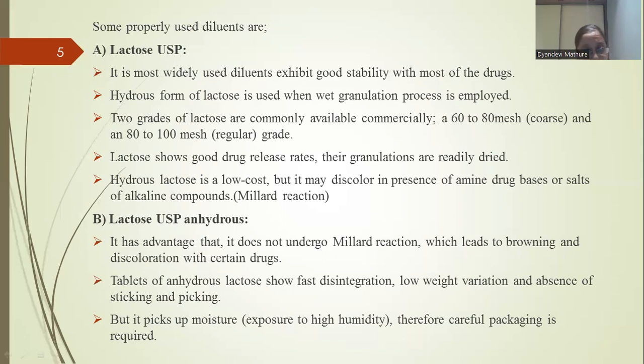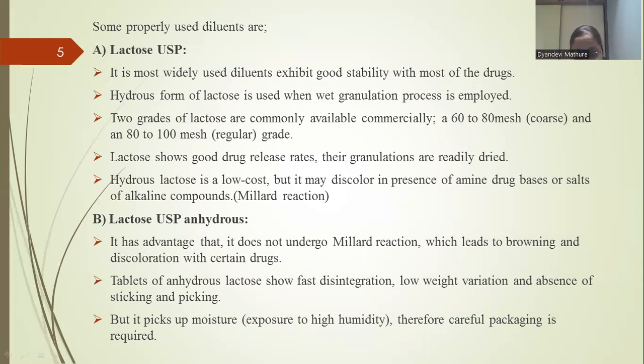The second type of lactose is lactose USP anhydrous. Anhydrous means there is no water. The advantage of anhydrous lactose is that it does not undergo the Maillard reaction, which leads to browning and discoloration with certain drugs. So the difference is that hydrous shows the Maillard reaction, whereas anhydrous does not. Tablets of anhydrous lactose show fast disintegration, low weight variation, and absence of sticking and picking.